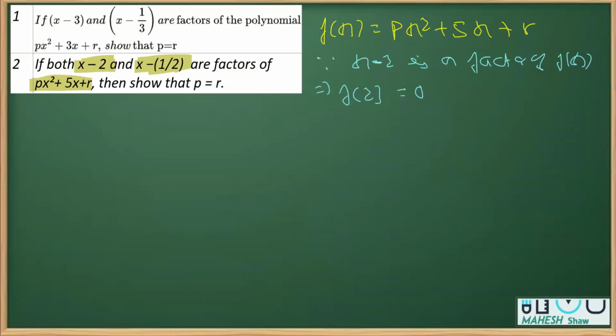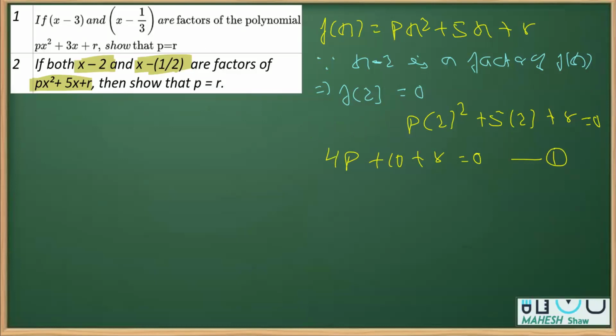Now I'm going to replace x with 2, so I'll get p times 2 square plus 5 times 2 plus r equal to 0. 2 square is 4, so 4 times p plus 10 plus r is equal to 0. I'm going to mark this as equation 1.